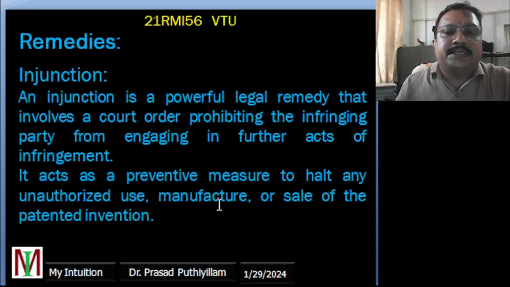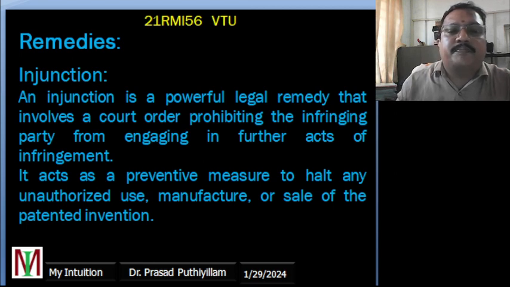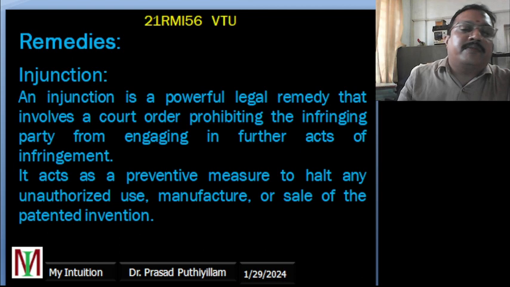What's one? That is injunction. Injunction is a powerful legal remedy that involves a court order to the company or party who is infringing, preventing them from engaging in further acts of infringement. It acts as a preventive measure to halt any unauthorized use, or the unauthorized manufacture or sale, of the patented invention.